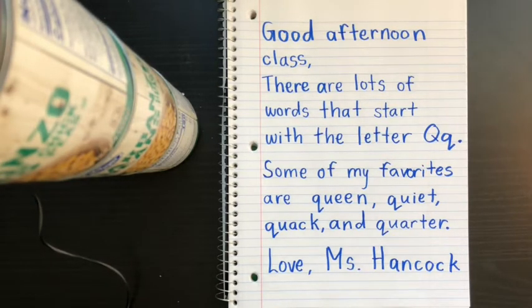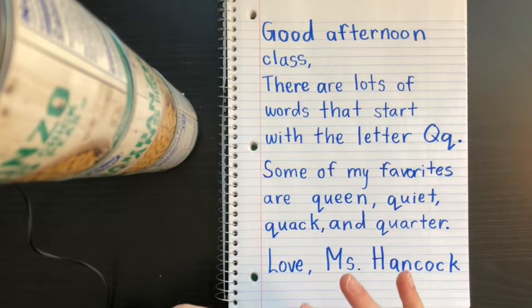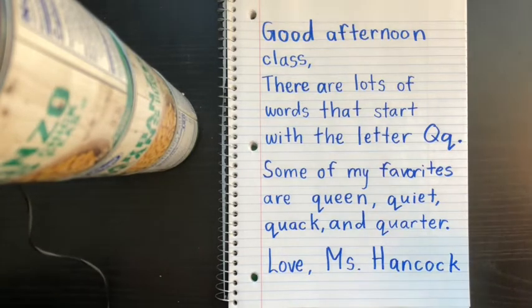Awesome. Now let's go ahead and find some letters in our morning message. I think first we should find our letter of the week, and our letter of the week is Q. Before we find Q, if you know the sound that letter Q makes, go ahead and make it out loud now. What sound does Q make?